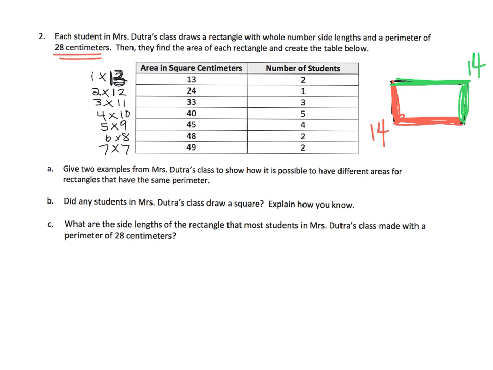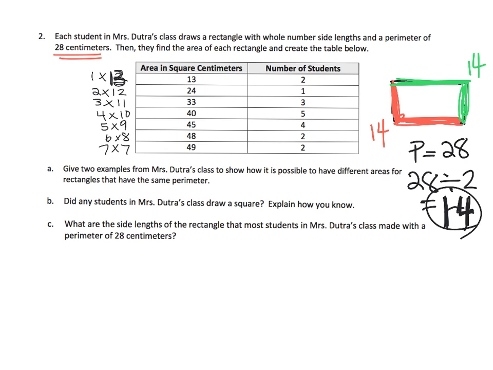So when the perimeter is 28, you do 28 divided by 2, and that gives you 14. So the length plus the width has to equal 14. So all of these length plus the widths equal 14.